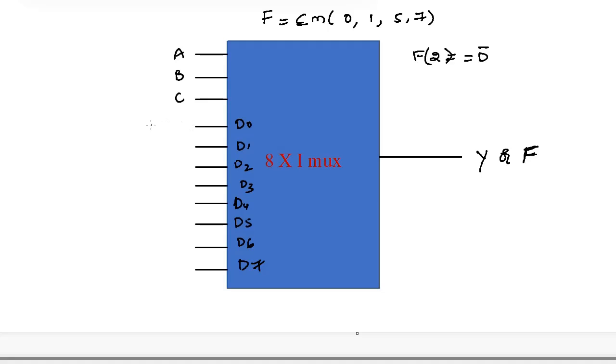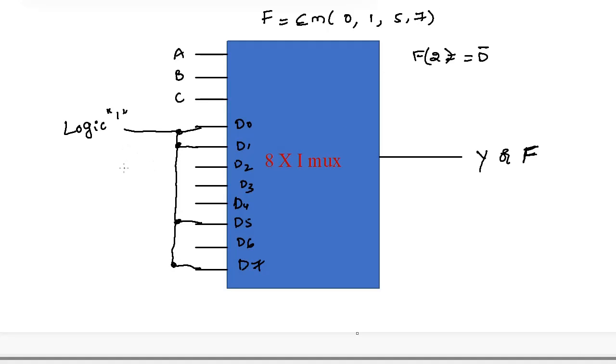So now I am connecting logic 1 to D0. D0 is connected with logic 1. Why? Because I am taking the min terms. So logic 1 is connected to D1, data line 5, and data line 7. These are the data lines connected with logic 1.